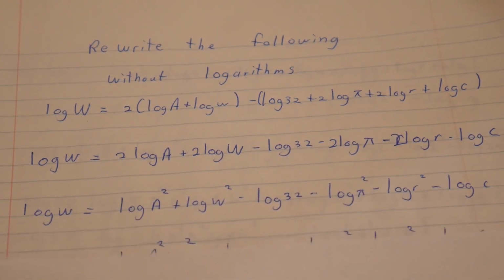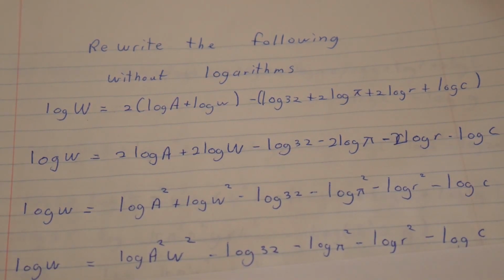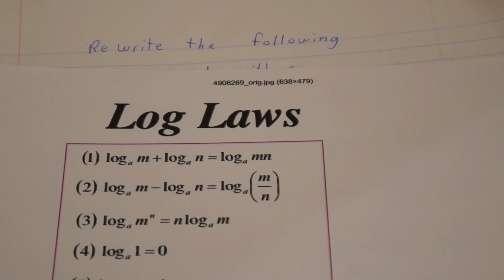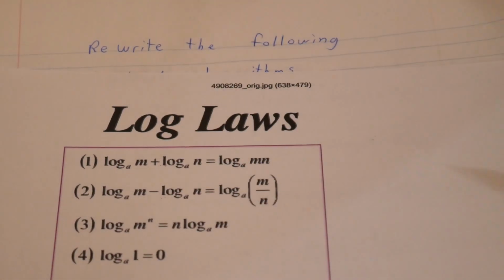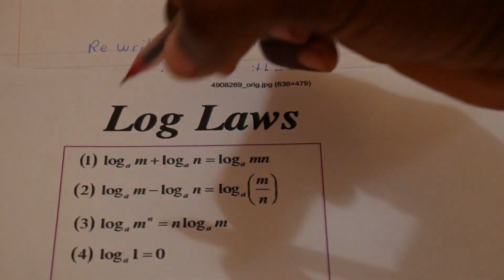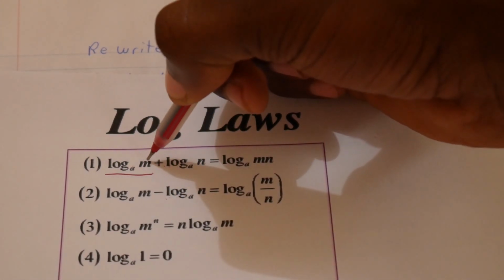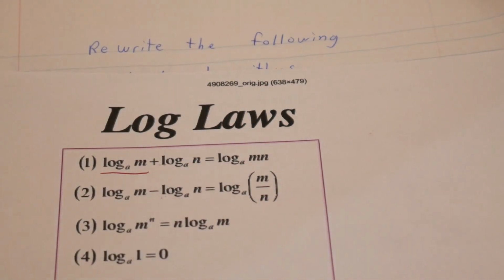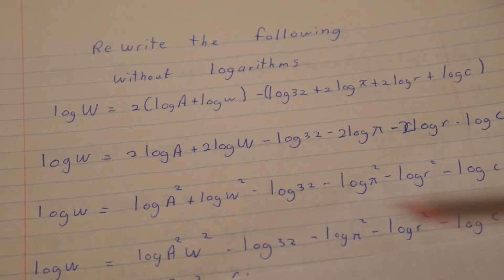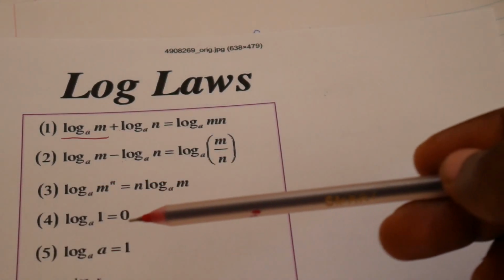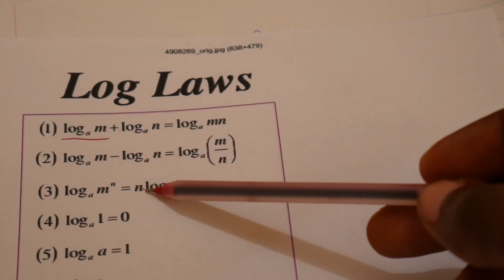Right? Good. Now, in order to use these rules, which help us to shorten the equation, everything must look like this: log of a number, nothing in front of it. So we use rule number 3.